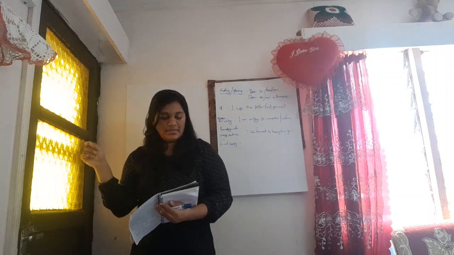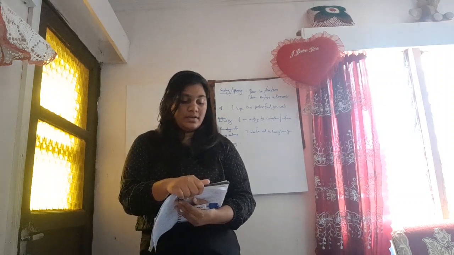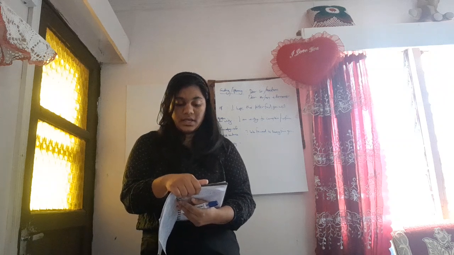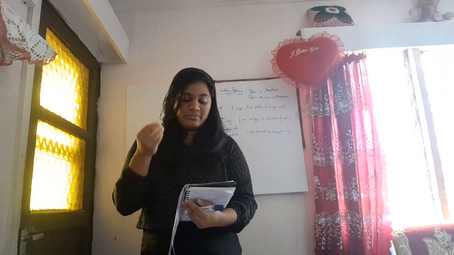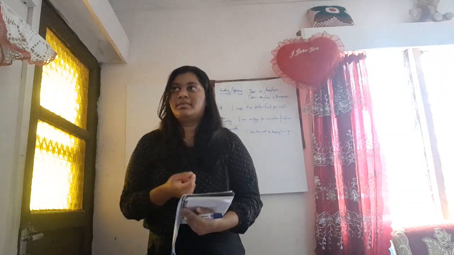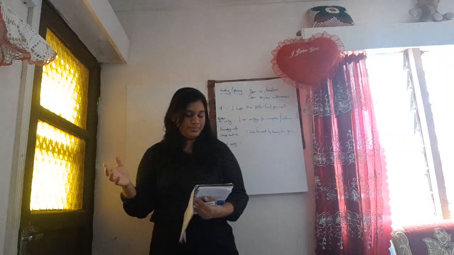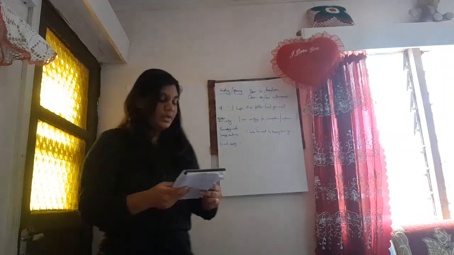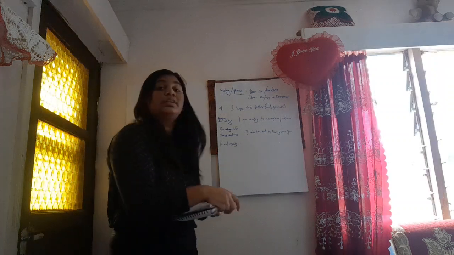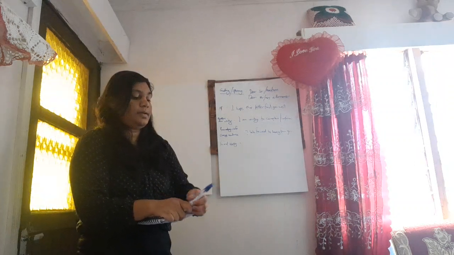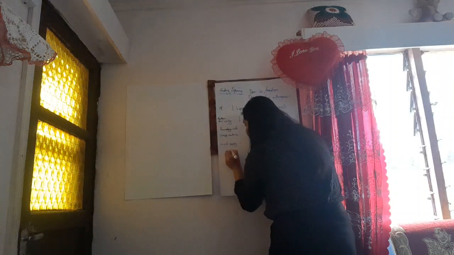Some expository pieces are written to explain how to do something, how something works, or simply to provide more information on a topic. That's what expository writing is all about. The topic sentence is the most important thing in expository writing. Topic sentence.